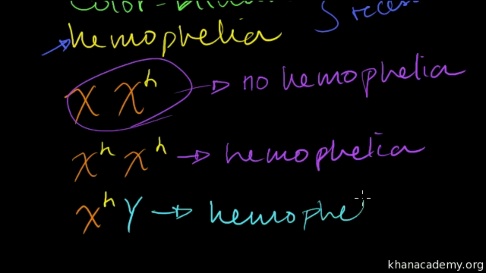So a natural question should be arising: let's just say that this is a relatively infrequent mutation that arises on the X chromosome. Who's more likely to have hemophilia, a male or a female? All else equal, who's more likely to have it? Well, if this is a relatively infrequent allele, a female, in order to display it, has to get two versions of it.